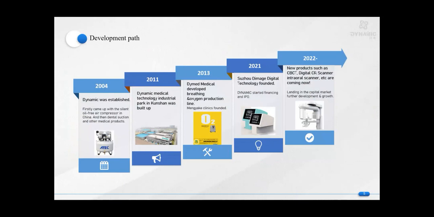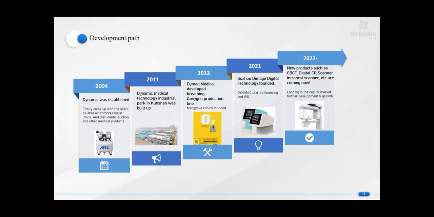And soon after, 2 years later, in 2013, they made breathing and oxygen production lines ready to serve all customers. And our brand Mengyake dental clinics were established one after another.